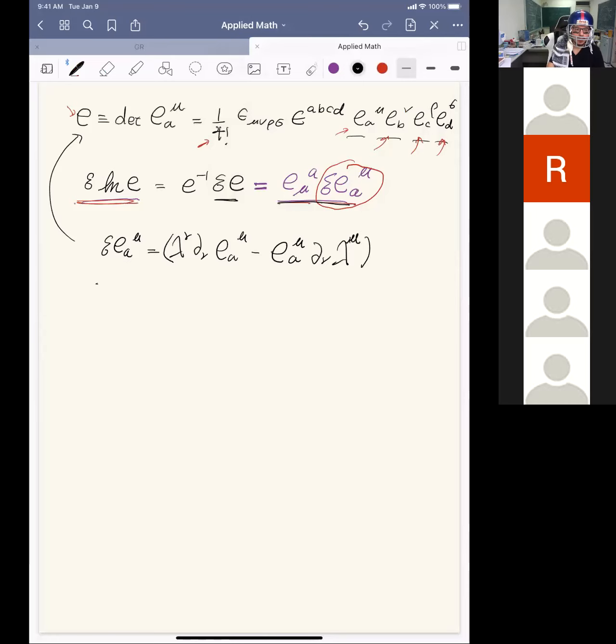Does anyone find funny what I've written here? Is there something missing? I just wrote down the variation of the vierbein. Do any of you find it funny or weird?